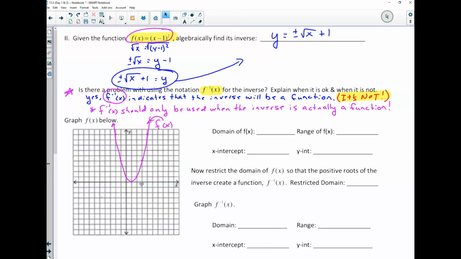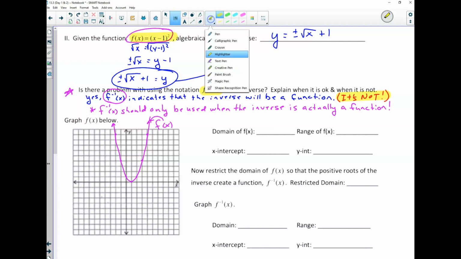Now they're going to ask me some questions about the domain of f. Well, what is the domain of f? When I look at this graph, I can see my domain is all real numbers. I can see that because it covers all positive and negative x's. I can put whatever I want in here to get a y out. What's the range?